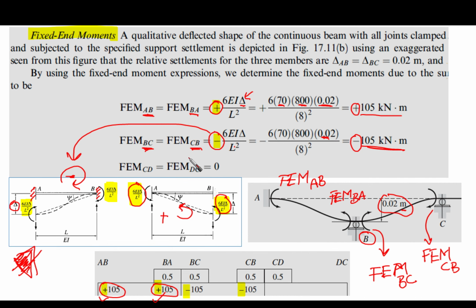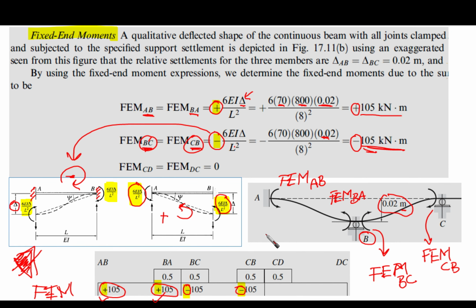So we put it here at BC, minus 105, and CB, minus 105. Okay, so now these are the fixed end moments, which is the second step, fixed end moments due to settlement of support.